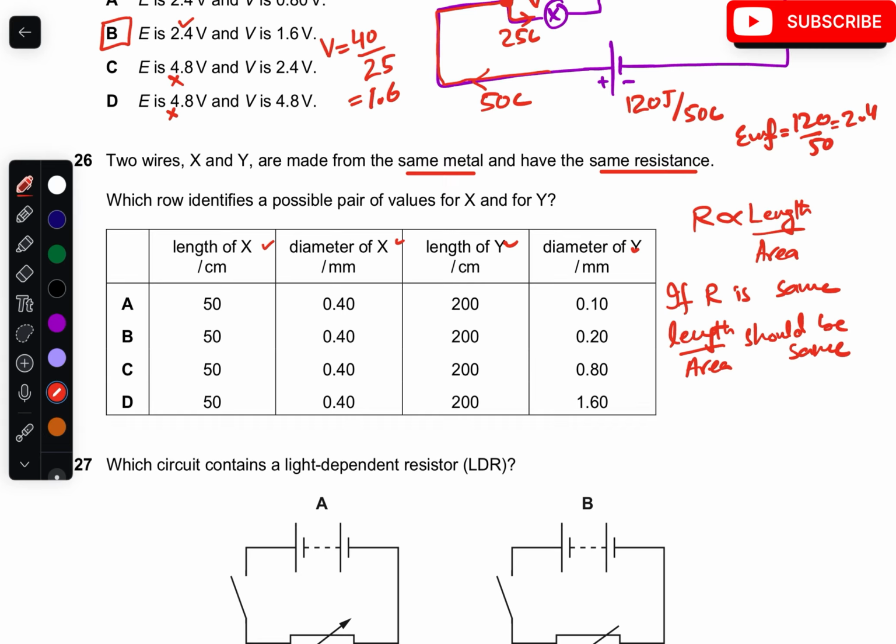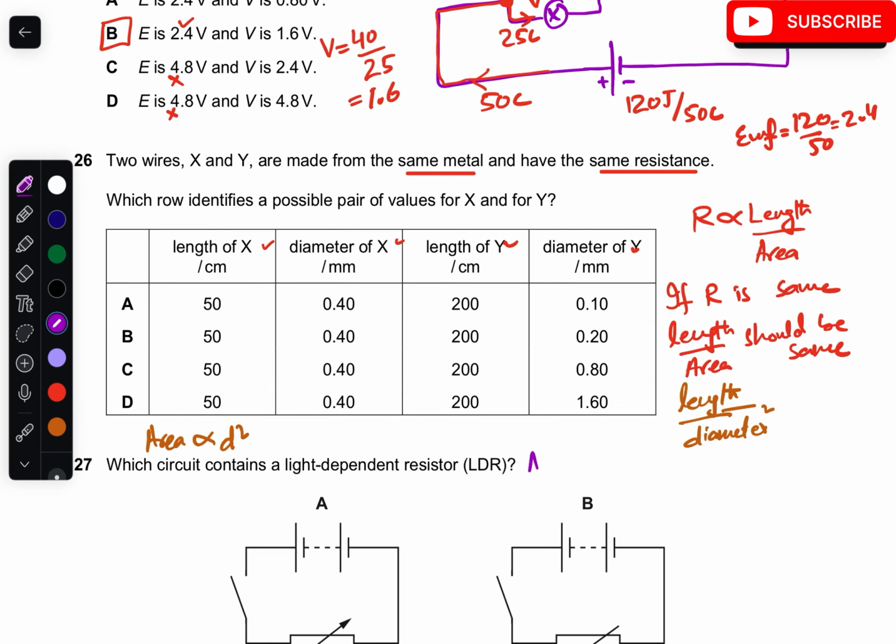But we don't have the area, we have the diameter, and we know that the area is proportional to the diameter squared. So you can say length over diameter squared. You can take the values and find it.